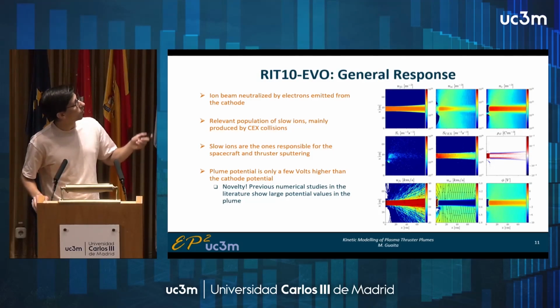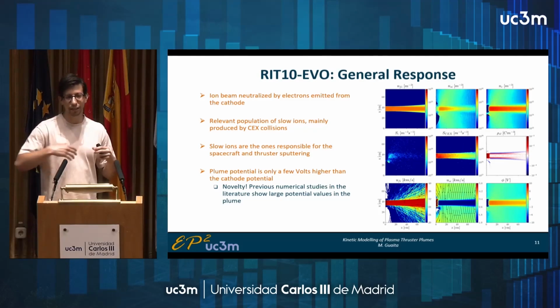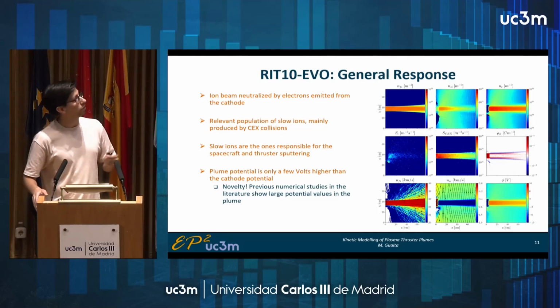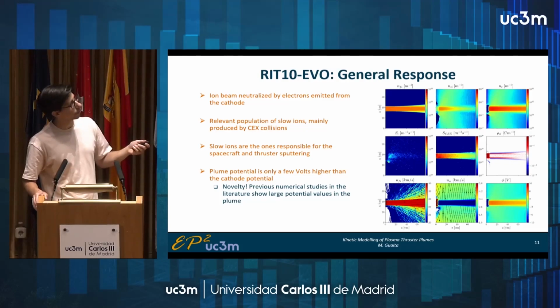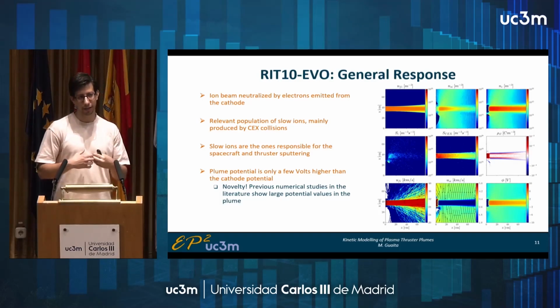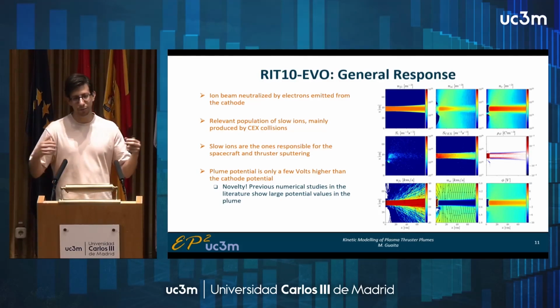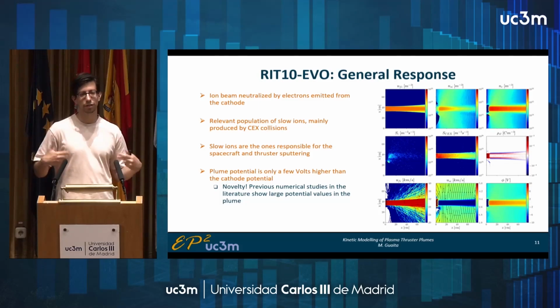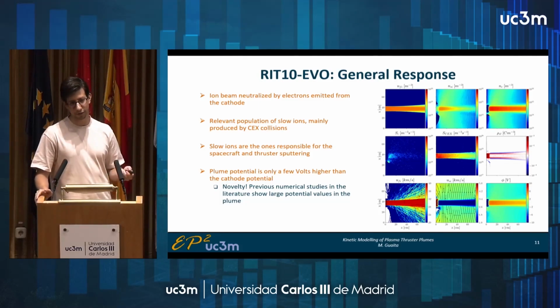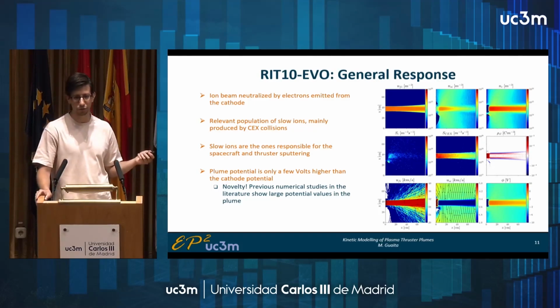What we see here is that the fast ions just enter the domain and leave axially without really expanding too much under the effect of the electric field, while these slow ions are the ones which are produced inside the plume, and since they have a slower velocity and a smaller inertia, a smaller kinetic energy, their trajectory is inverted by the electric field, and these are the ones that then potentially can interact with the thruster or with the spacecraft. So if you are interested in spacecraft interaction, this is the population that we need to look at.